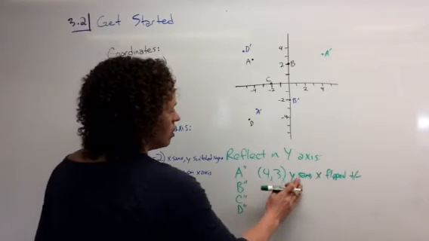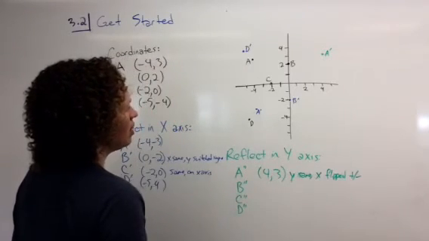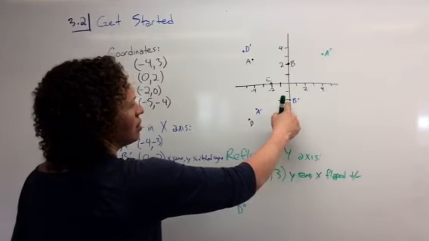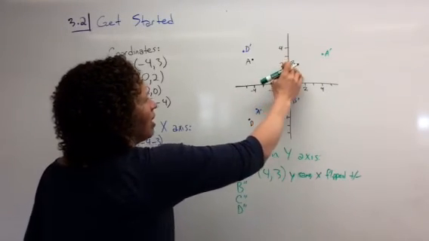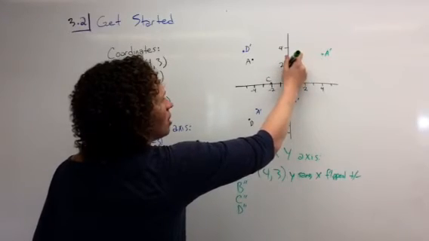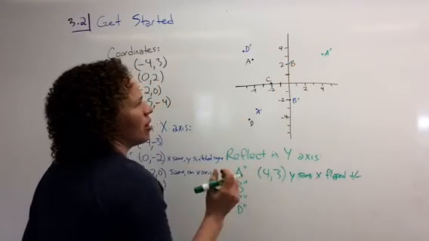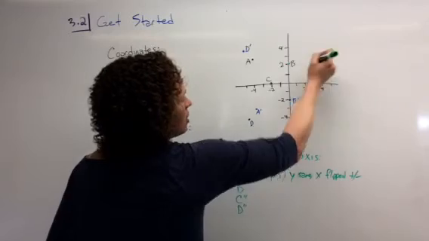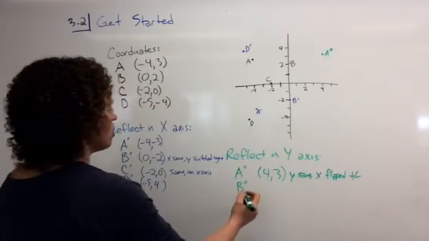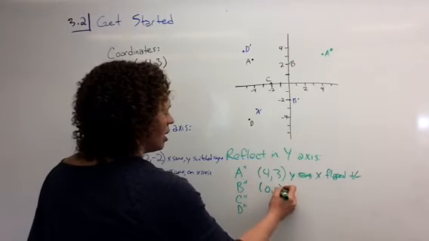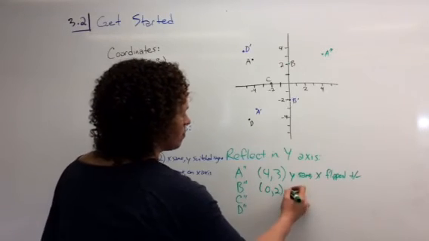B is up there. But B is on the y-axis, so B prime prime is going to be there as well. So B doesn't change position because it's already on the axis we're trying to flip it over.